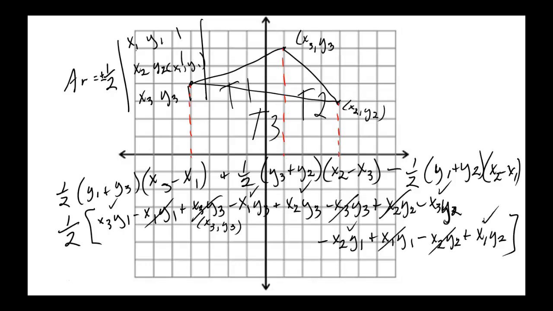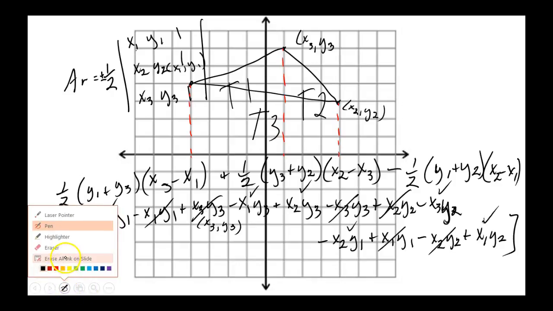And then whenever you're in the first quadrant, do your order so that your x1 is less than x3 is less than x2. Okay, so let's just clear this.